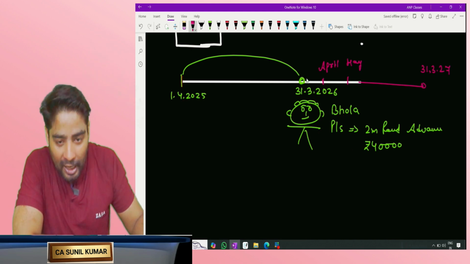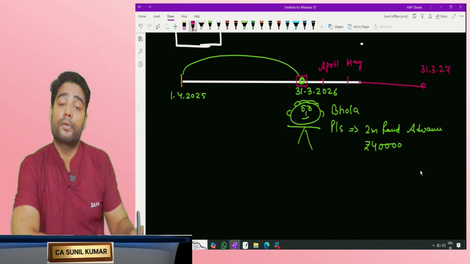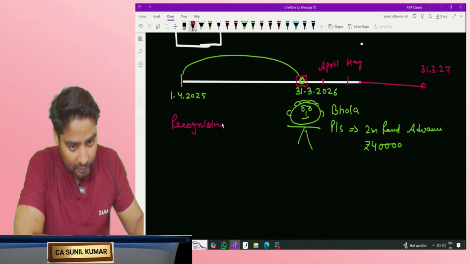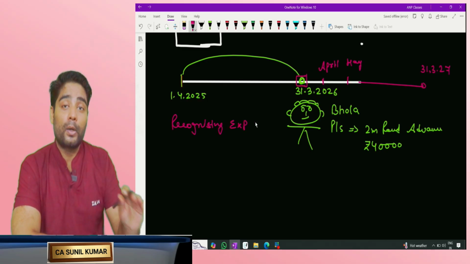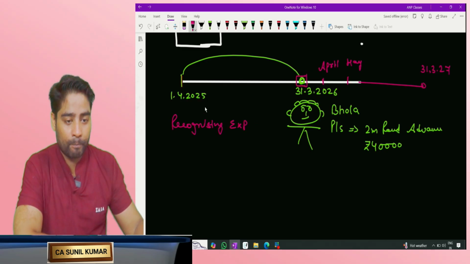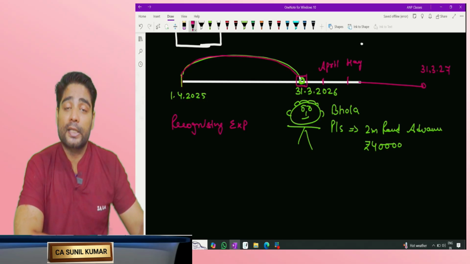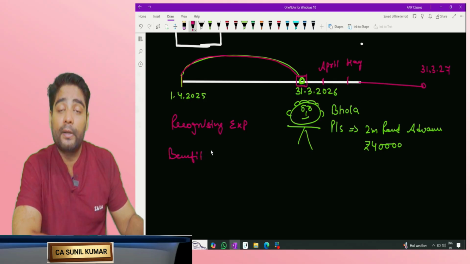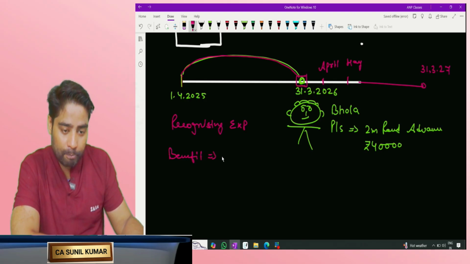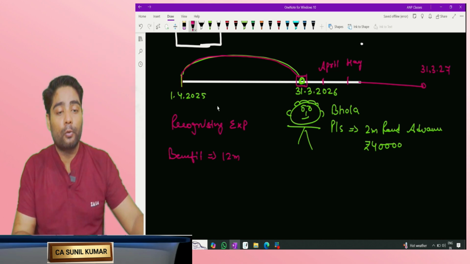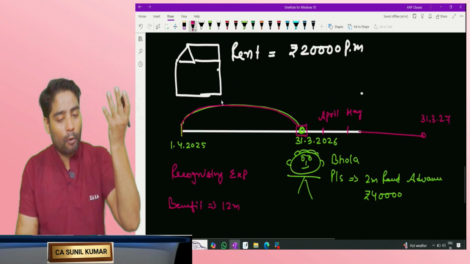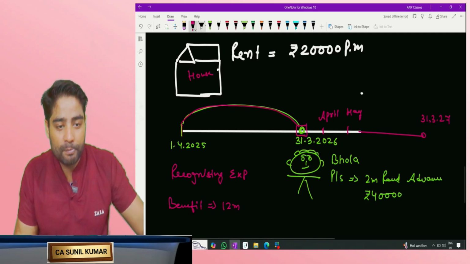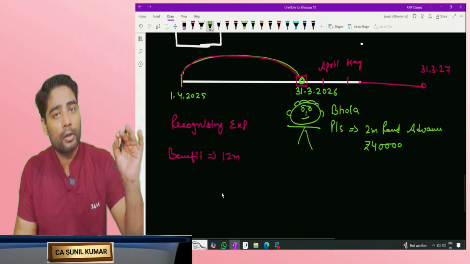Now, I'm standing on 31st March 2026, and now I'm recognizing my expenses. Now let us match my expenses with my benefits. For the year 25 and 26, how much benefit I have taken? Sir, I have taken benefit of 12 months for that room, because I only stayed in this house for 12 months.